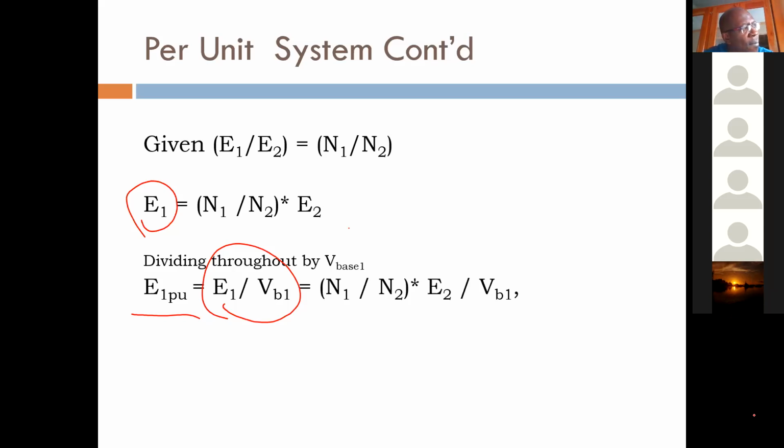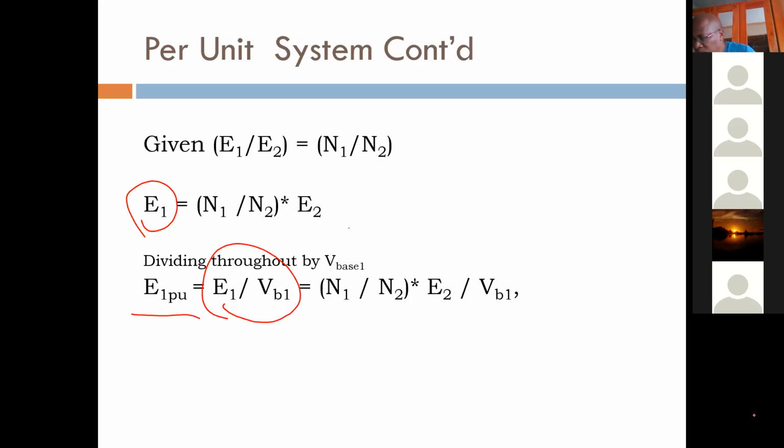S base equal Q base equal P base, sir. No, man, voltages. What's the convention we said needs to be applied for base voltages? It must be selected at that point. The ratio of the voltage on either side. The ratio must be the same as the turns ratio. Yes, man.